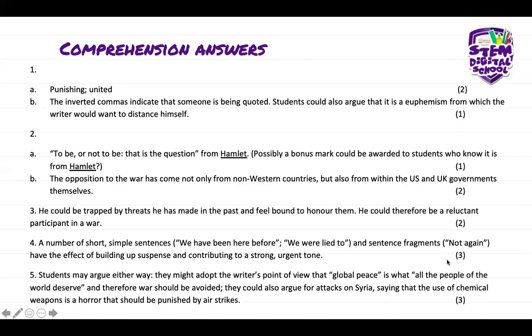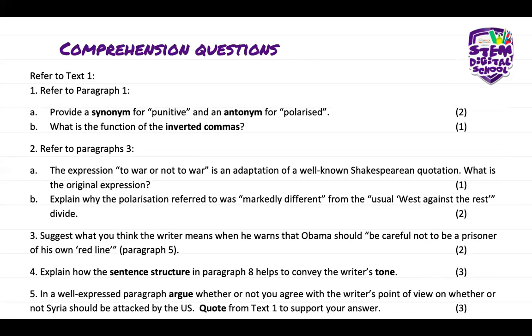See the answer? The answer says, he could be trapped by threats he has made in the past and feel bound to honor them. He could therefore be a reluctant participant in a war. Okay.